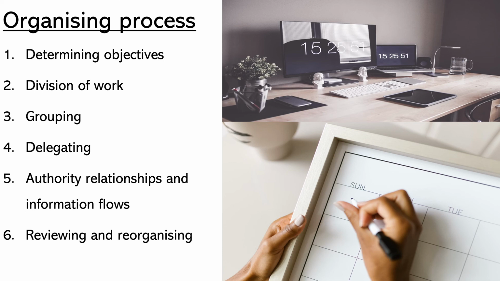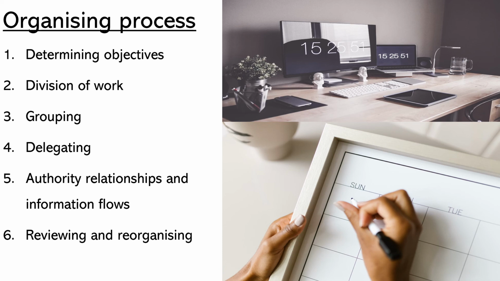Next one is authority relationships and information flow. See, we have identified various departments, and whatever work they have to do, everything has been delegated and divided. Now, there should be a relationship between all these departments, and coordination should be there between these departments for smooth functioning of the work to attain this objective.